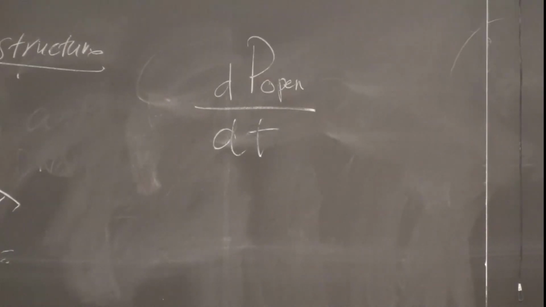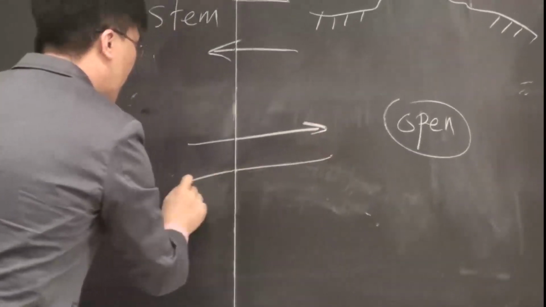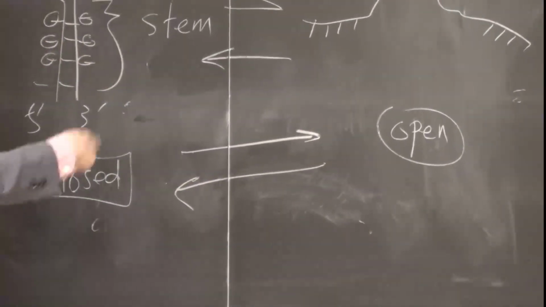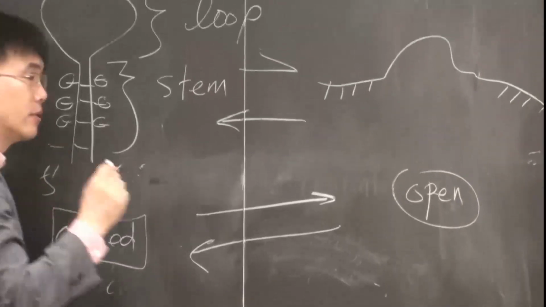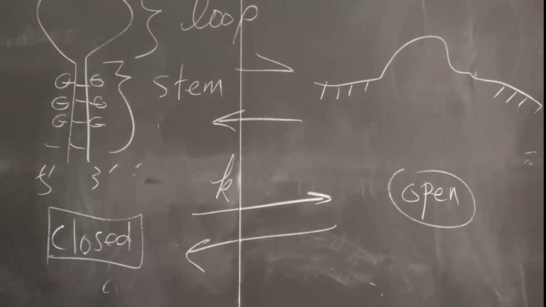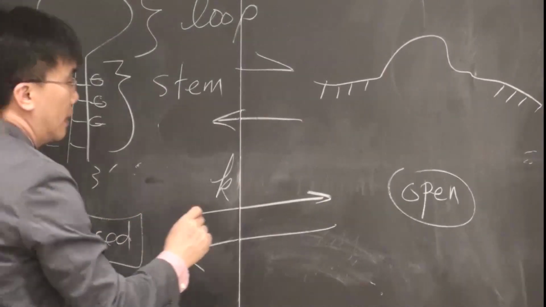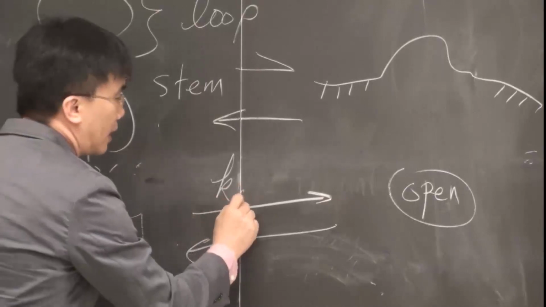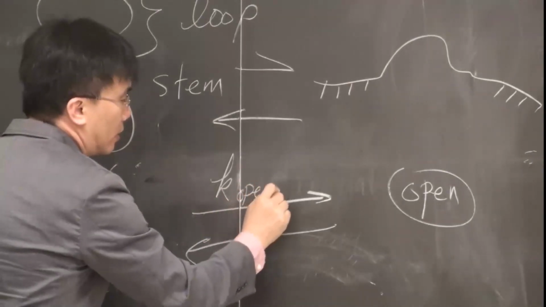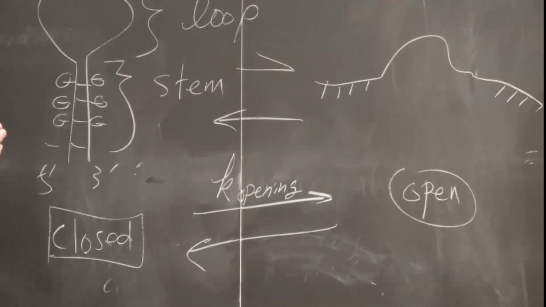Then you can go back and forth between the closed and open state with certain rates. So I use K to denote a rate. Unit is inverse second. And I'm going to call this K opening, the rate of opening the hairpin.